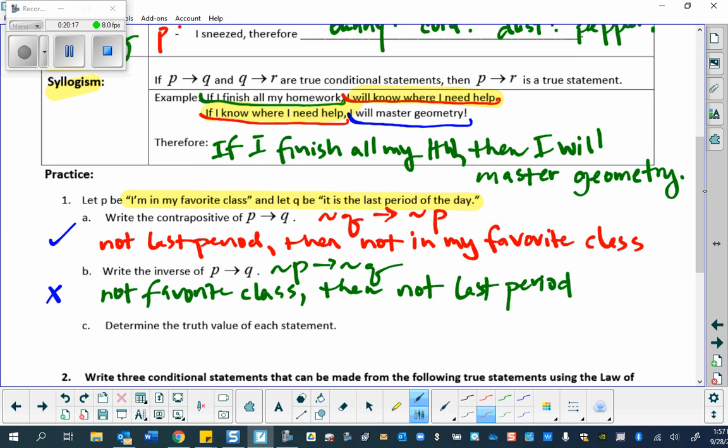Kristen nods her head and says yes. If it's not the last period of the day, it's not your geometry class. That inverse says, if it's not my favorite class, then it's not the last period of the day. Let me ask you, what do you have 8th period?